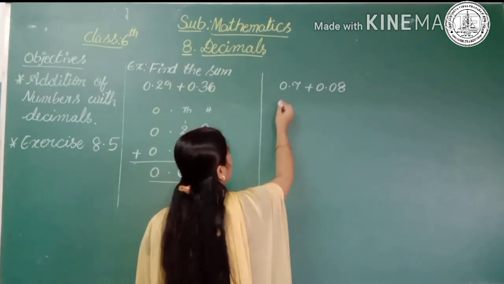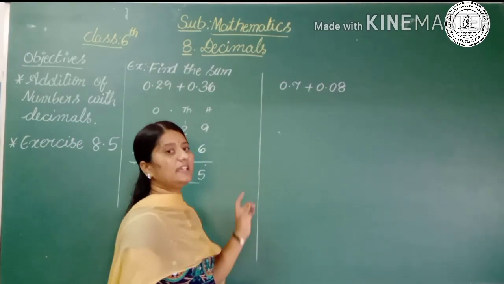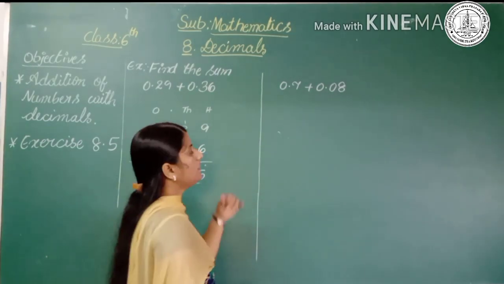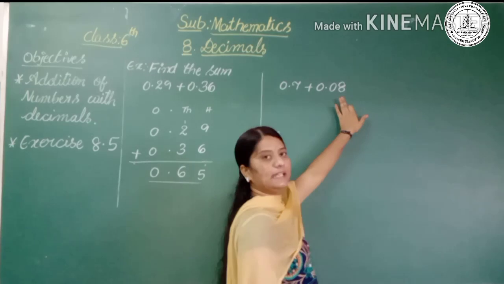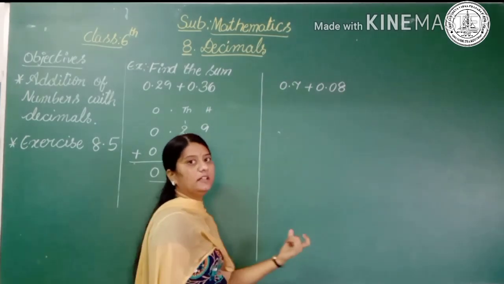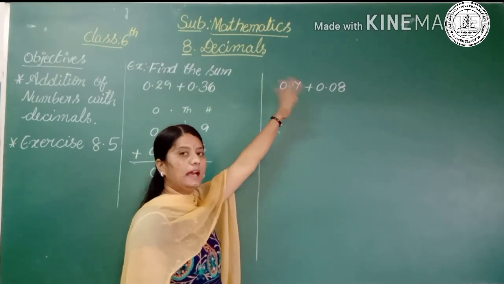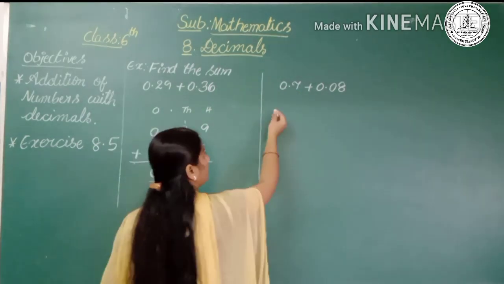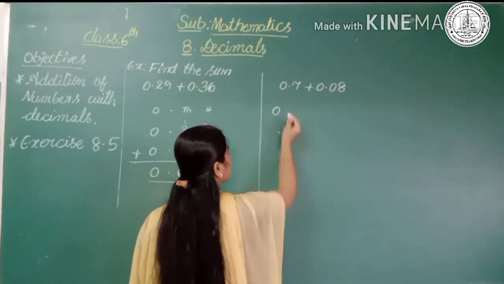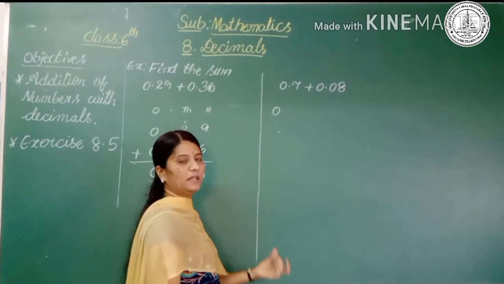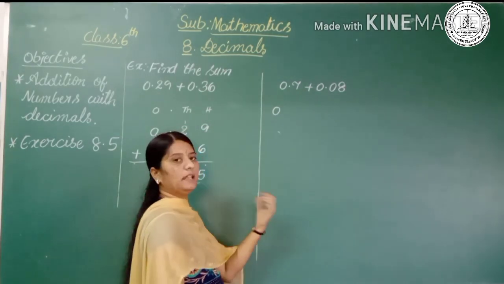First write 0.7. It has 7 in the tens place. 0.08 has 8 in the hundreds place. So we have to convert 0.7 into hundreds. How to convert? By adding a 0 to the lowest decimal place, we will get like decimals.